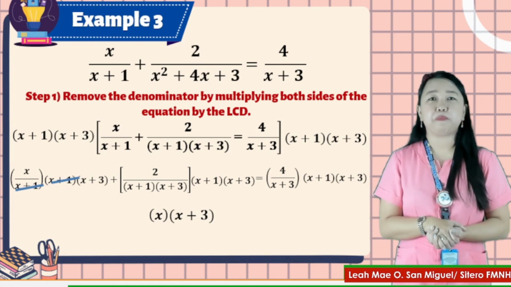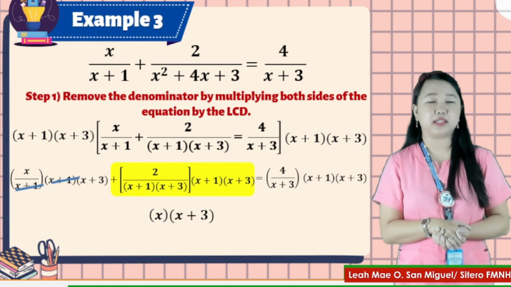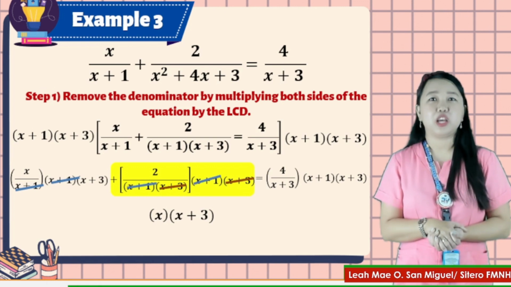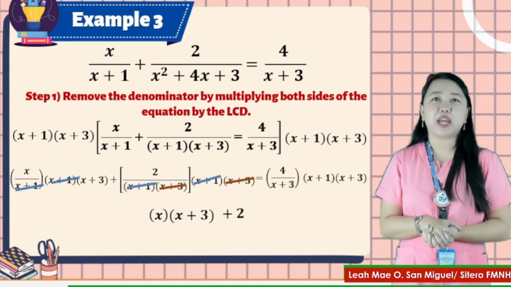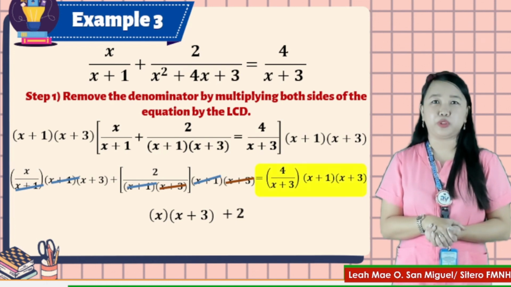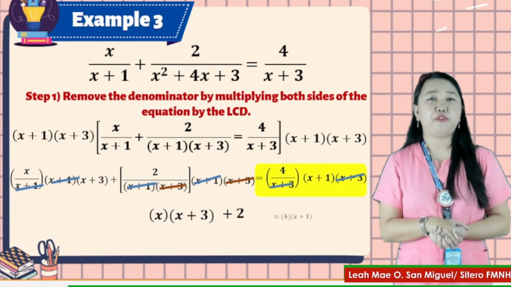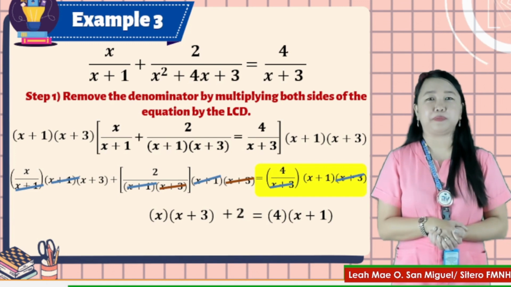Second term multiplied by the LCD is 2. Third term multiplied by the LCD is equal to 4 times x plus 1.